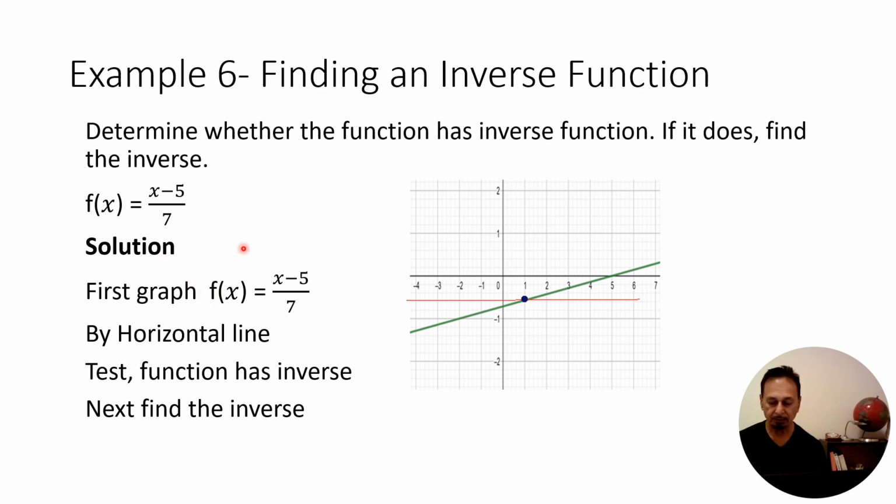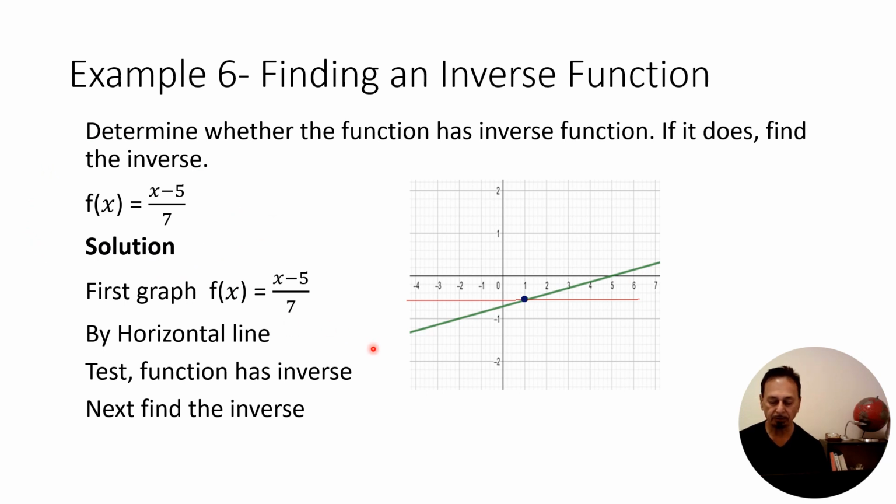Let's see, I can choose x equal to 0, and then y becomes negative 5 over 7. So it'd be right here or somewhere here. And I'll pick another point, maybe x equal to 5, and substitute here to give me 0. So another point, and connect this one. So that's the graph of this function, a line.